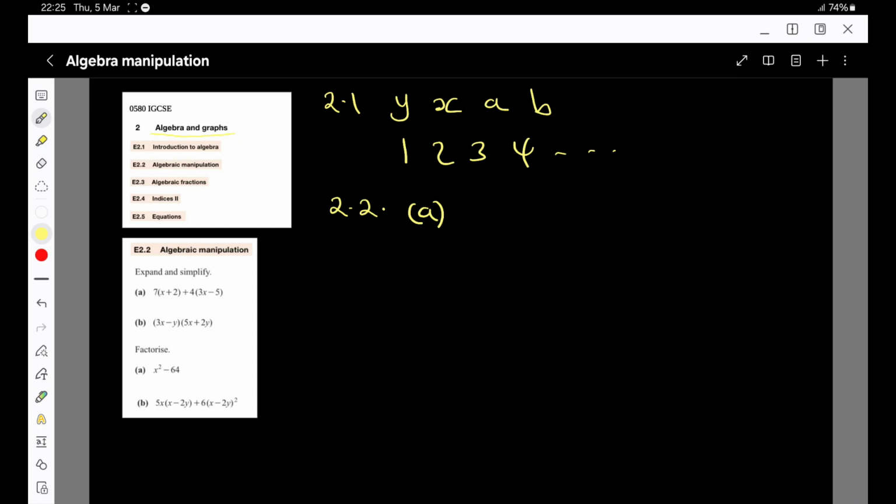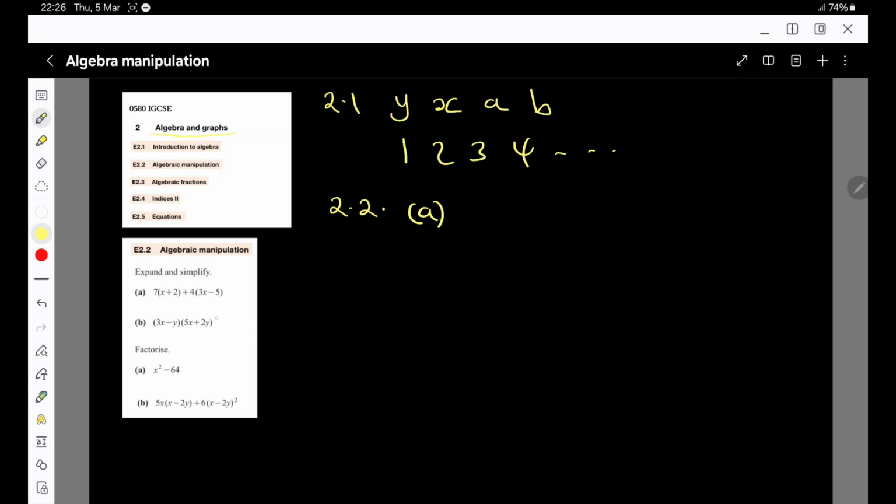So under manipulation, we are really going to be manipulating expressions, basically through expansion, through factorizing completely, and applying a few bits of knowledge that you already might have an idea about.